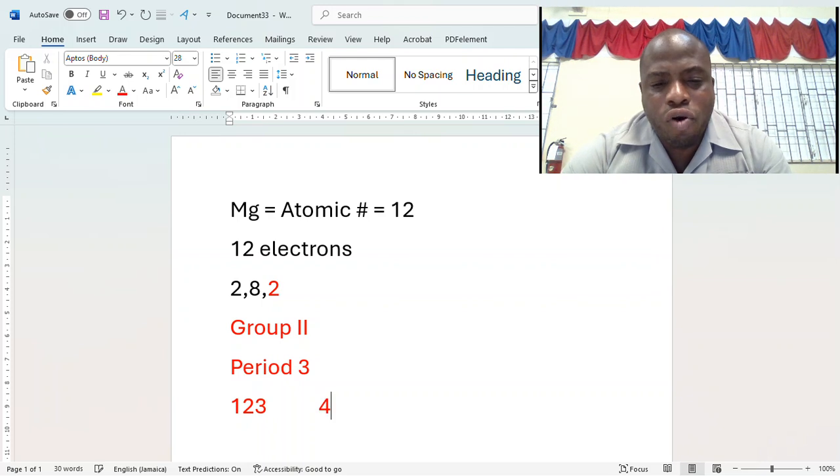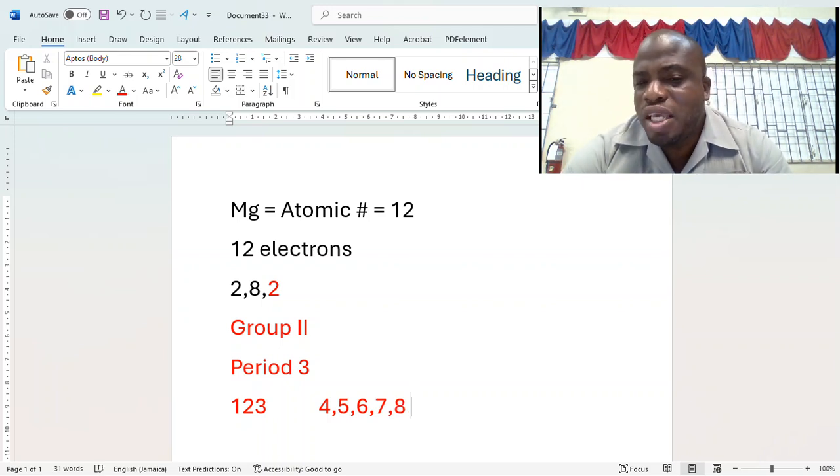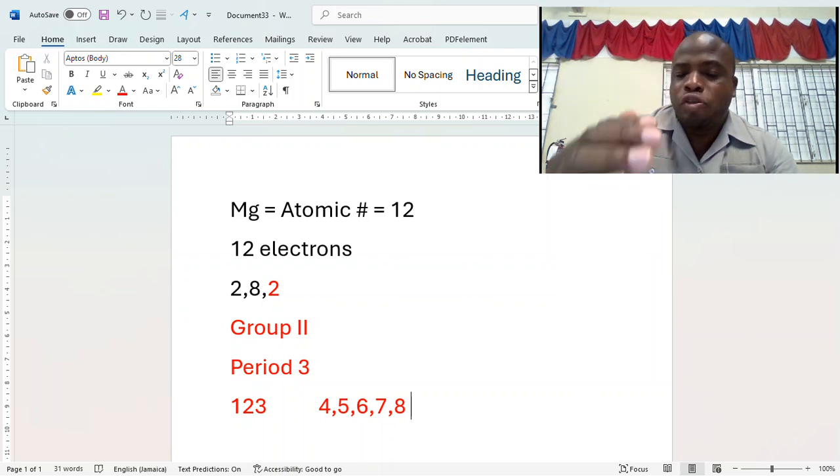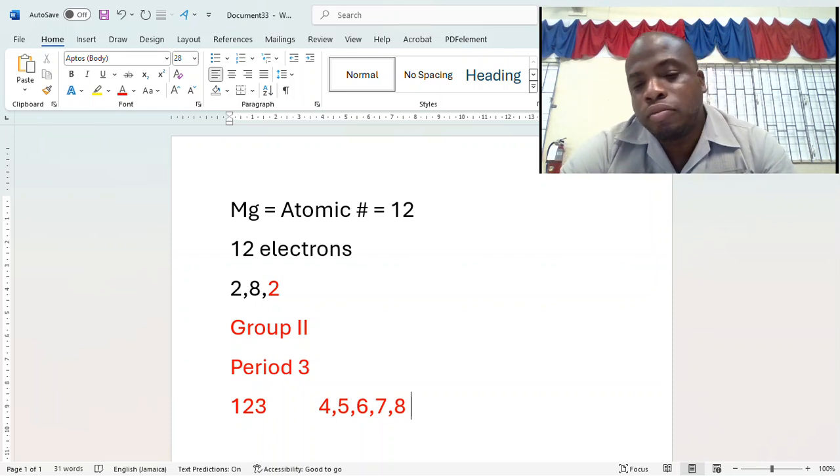If they have 4, 5, 6, 7, or even 8, and we have to watch with the 8, because we do have helium that has 2, and that is the outer shell for helium. These are considered to be non-metals.